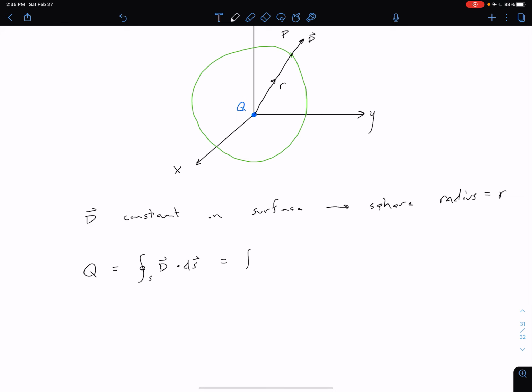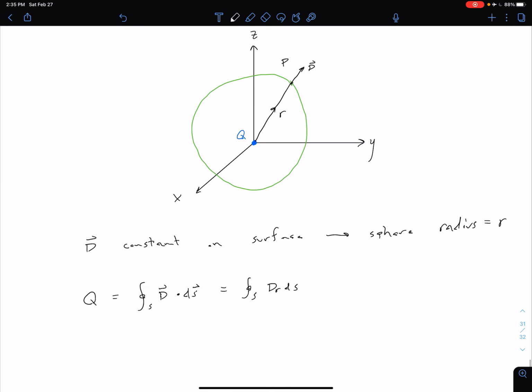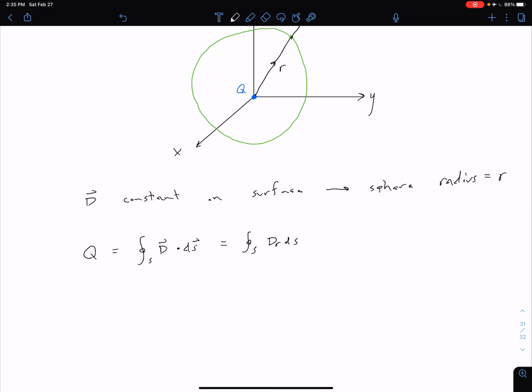Our dot product is going to become the integral over the closed surface of D_r times dS. D_r would be our r component, and of course, in this case, we already know that our D is only going to have an r component. Because we said that this D is going to be constant on the surface, that means with respect to changes in dS, this D_r is constant. So we can go ahead and pull that out of the integral. So we get D_r times the integral over the closed surface dS.